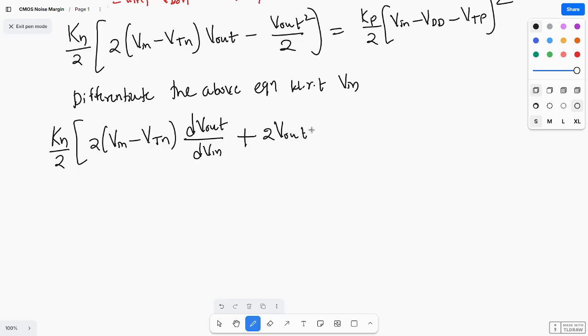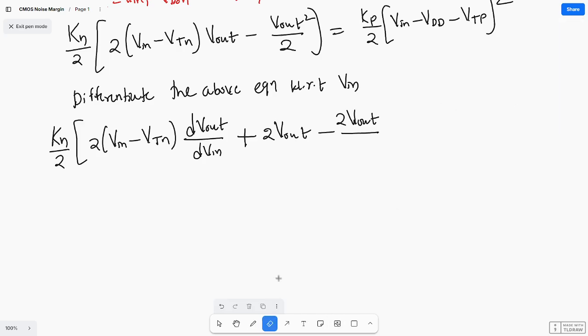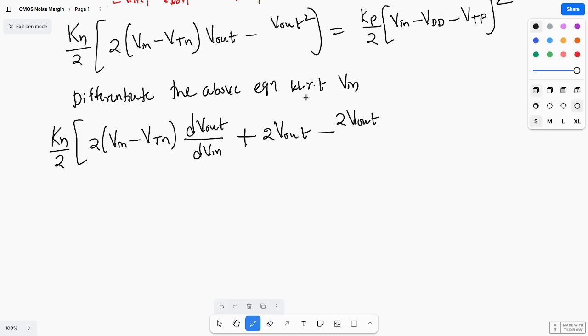Only V out square is there, not divided by 2, so 2 V out into dV out by dV in.